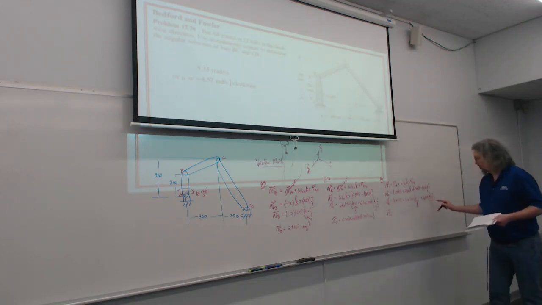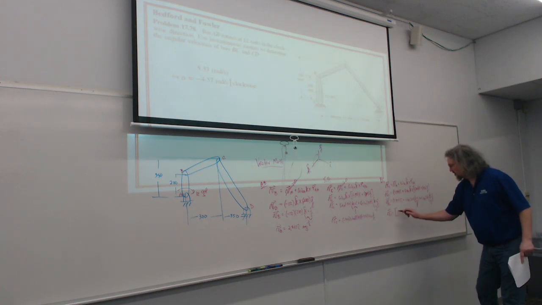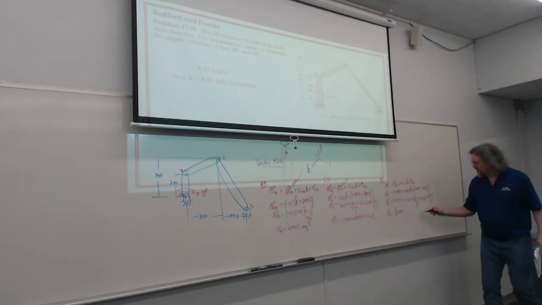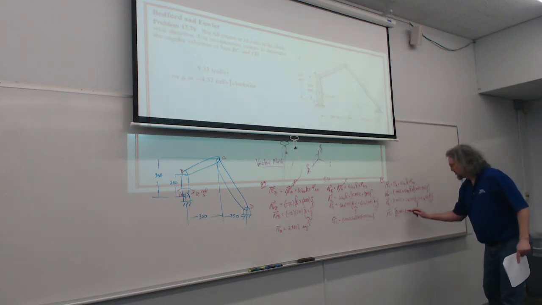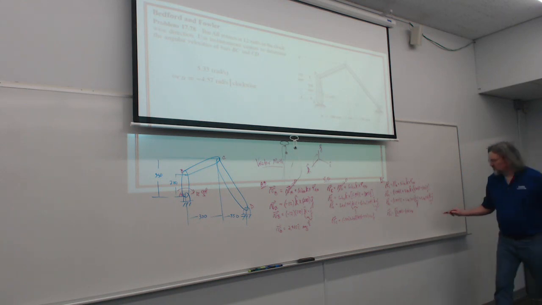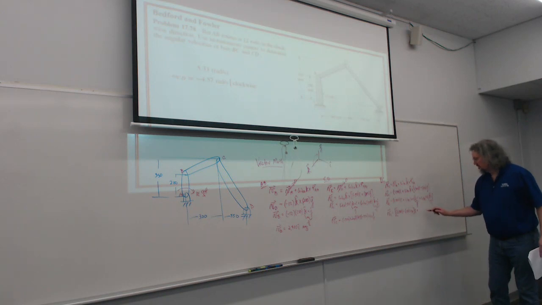So for this, I'll put it together: for I, 2,400 minus 150 omega BC I plus 300 omega BC J.